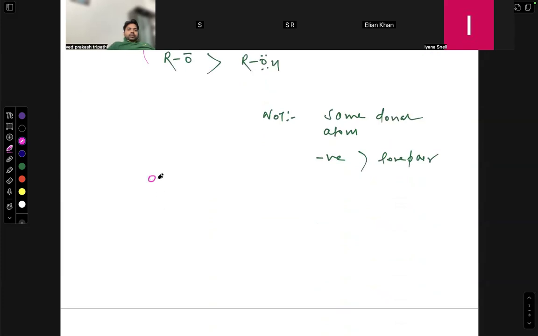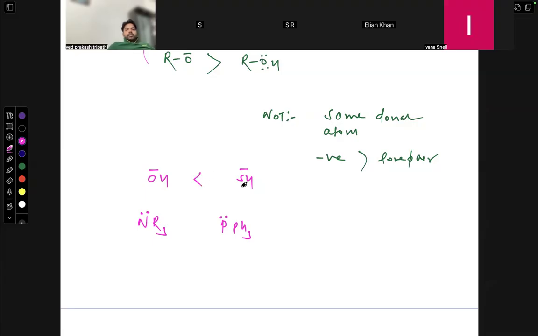What about this? Yes, oxygen and sulfur belong to the same group.